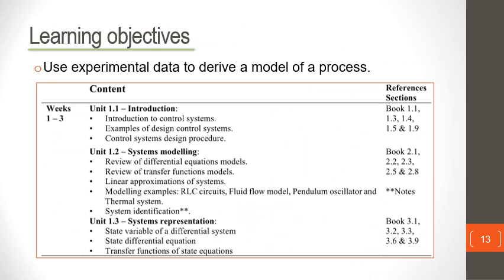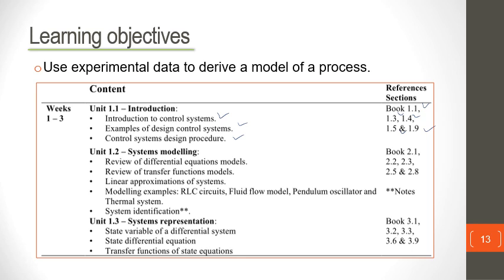So at this point in time, we have covered all of the lectures pertaining to modeling of systems, which is supposed to be in unit 1 of the lecture notes. So we have looked at the introduction to control systems. We have looked at examples of designs of control systems and what the control system procedure contains. Now, if you want to further read the theory related to these topics, you are free to go to the reference book sections 1.1, 1.3, 1.4, 1.5, and 1.9.